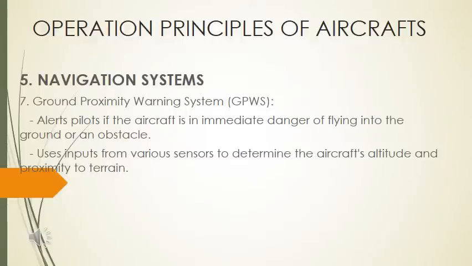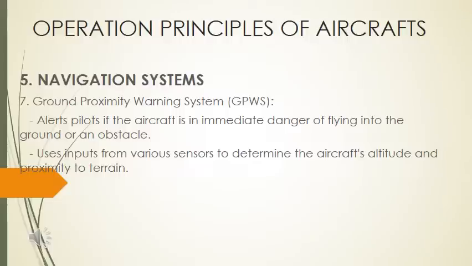The Ground Proximity Warning System, GPWS. What does it do? It alerts pilots if the aircraft is in immediate danger of flying into the ground or an obstacle. It uses inputs from various sensors to determine the aircraft's altitude and proximity to terrain. I mentioned earlier that there are many sensors on the engines, not only the engines, on the airframe and various parts of the aircraft.